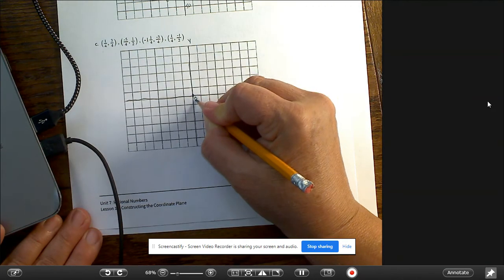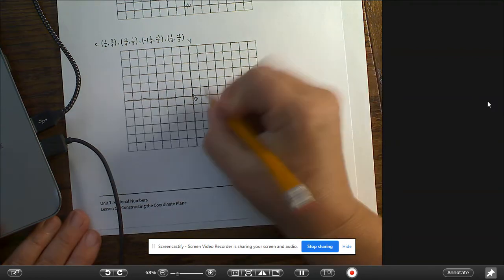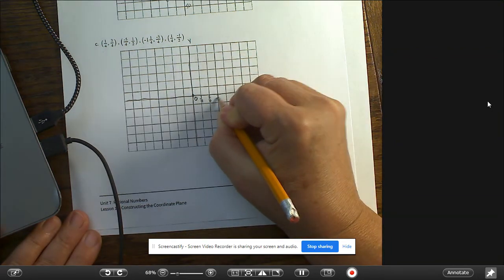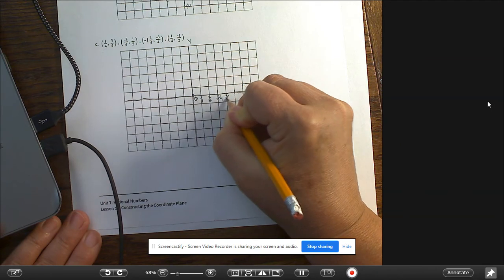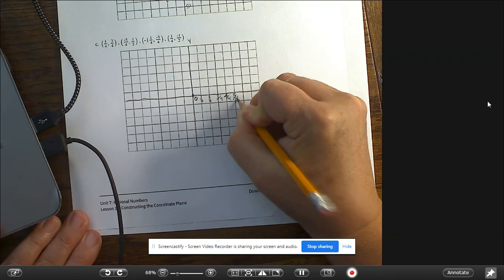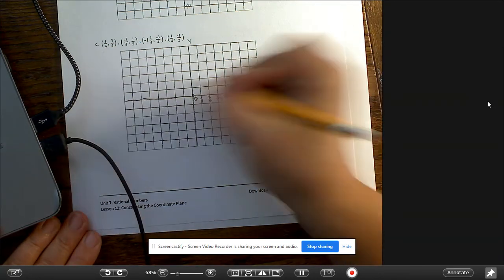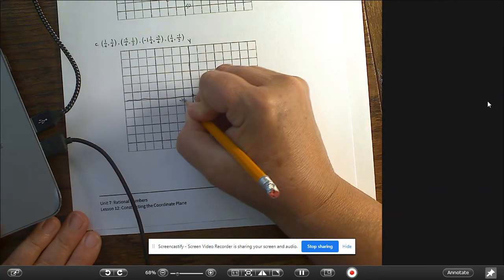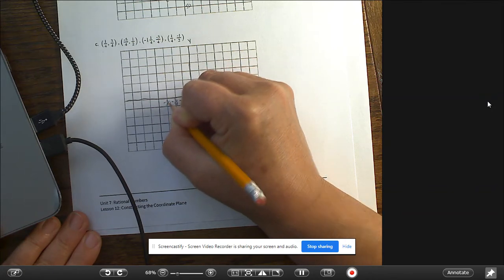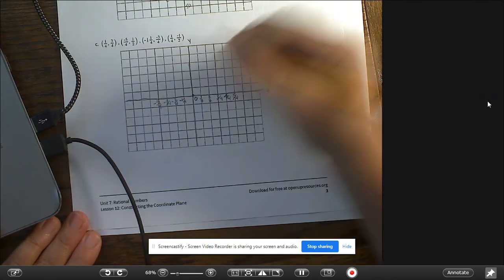This is always 0. And we're going to go 1/4, 2/4, 4/4, and 5/4. And then our negatives. And our y-axis.